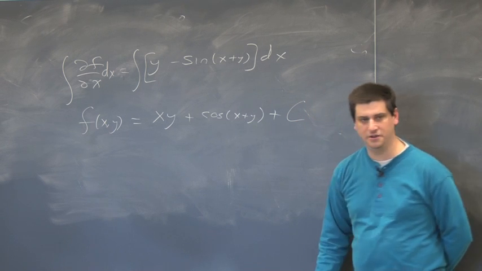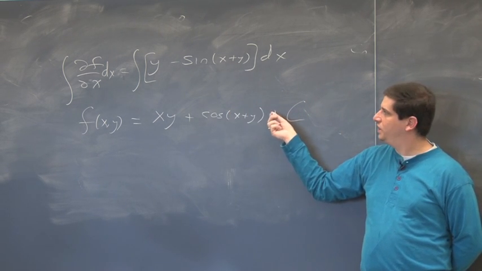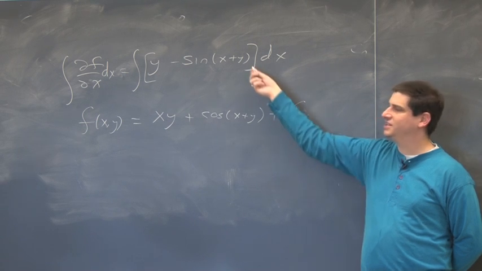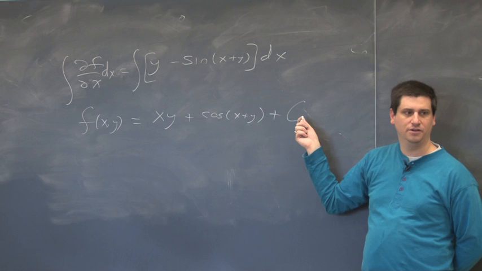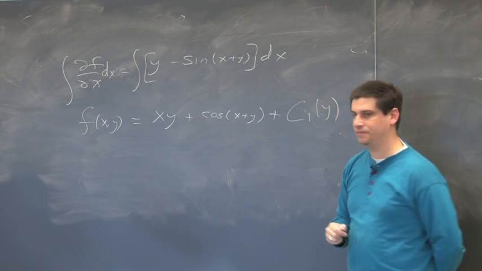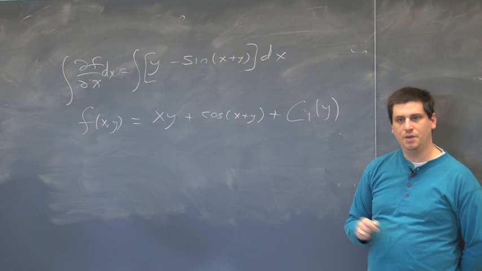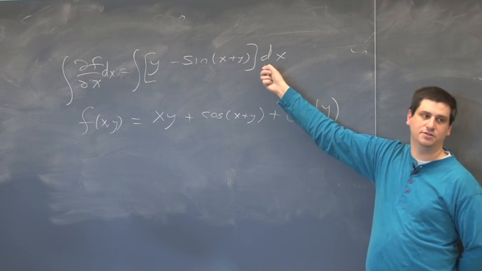It's some constant. But remember, when I integrate this, whatever function this is, when I differentiate with respect to x, I have to get back to this. It can be any function of y, because any function of y, when I differentiate with respect to x, I will get back to this.